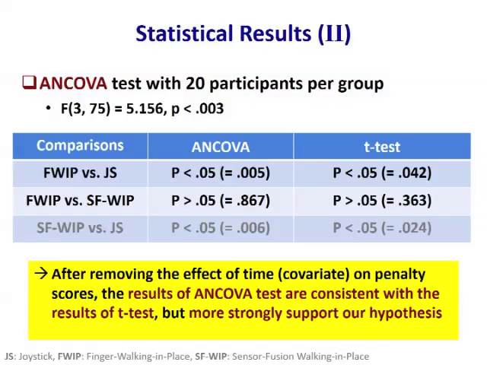As you see in the statistical result in the table, the ANCOVA test results are consistent with the result of the t-test, but much more strongly support our hypothesis after removing the effect of the time covariate on penalty scores. It means that if all navigation techniques provided the same speed, then the FWIP navigation technique would show a much better effect on spatial learning compared to the JES navigation technique.